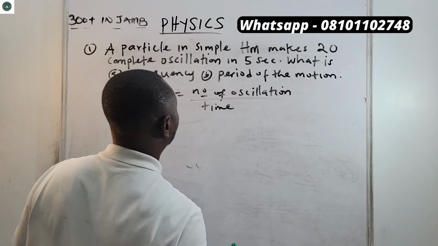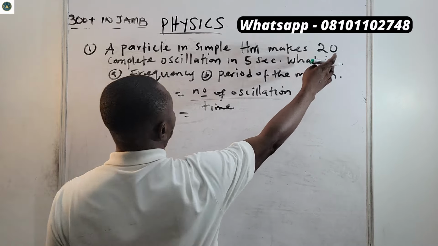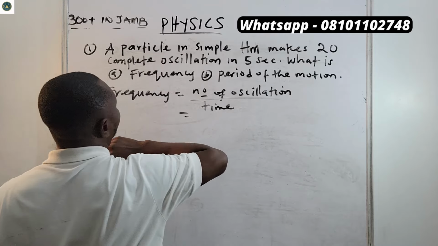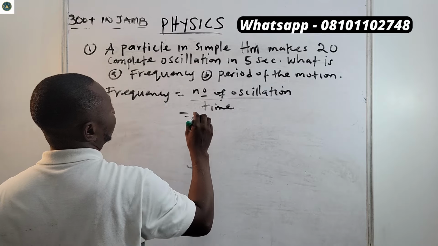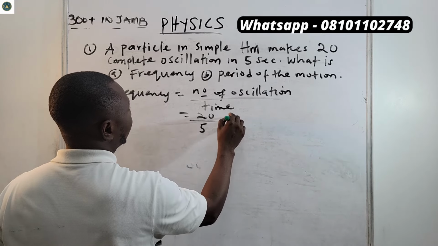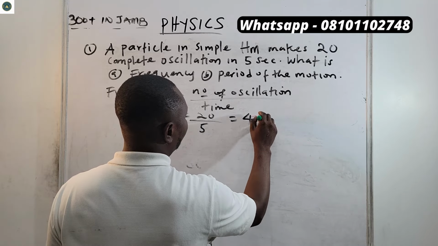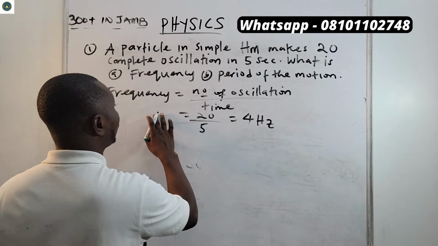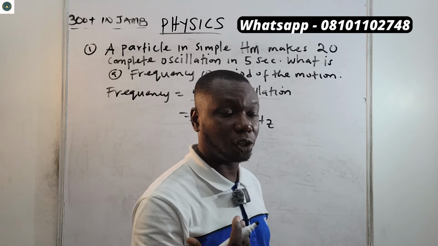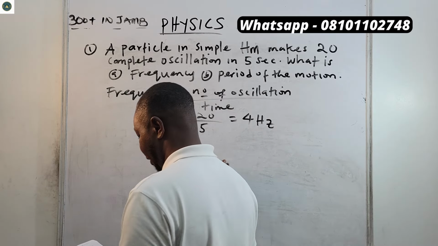The number of oscillations is given as 20, so it makes 20 oscillations and the time is 5. So definitely we have 4 Hz. Mind you, frequency is the number of oscillations per unit time and is measured in hertz.